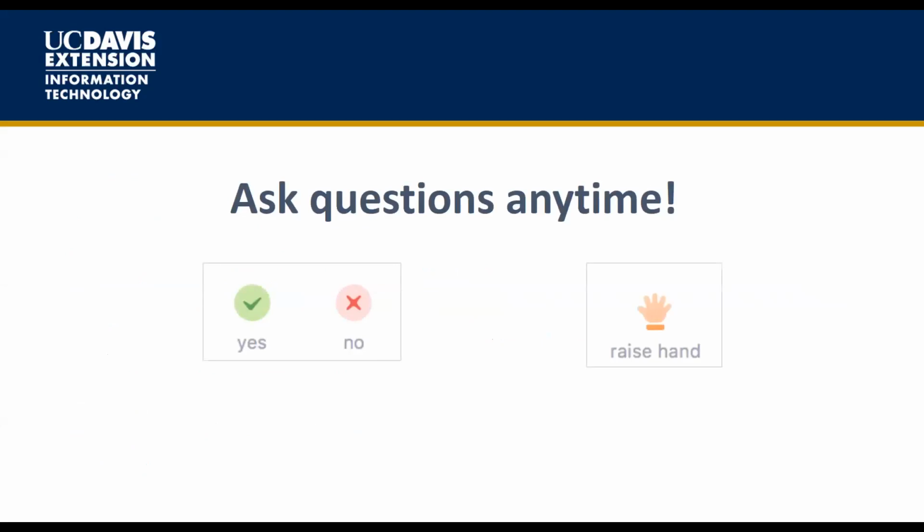We definitely want to encourage you to participate in this session and keep it as interactive as possible. On your screen right now, you should see some icons. So let's test them out. What we'd like to know is how many of you have taken a course here at UC Davis Extension. You should see a green check mark for yes or a red X for no. Let us know if you've taken a class here at Extension before.